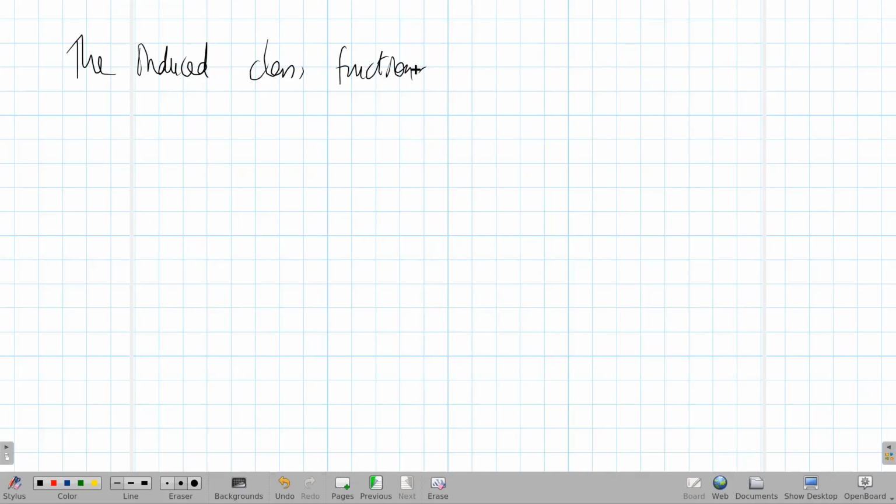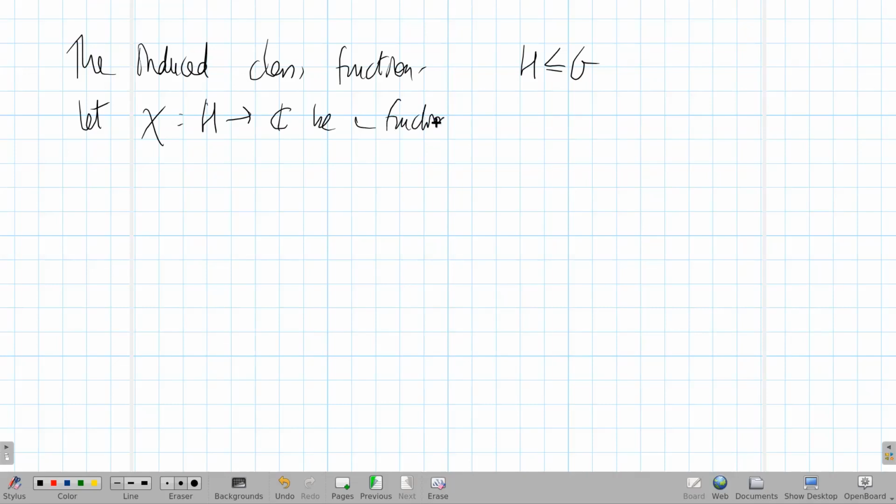So the idea is the following. As usual, you have H a subgroup of G. Let chi from H to C be a function.